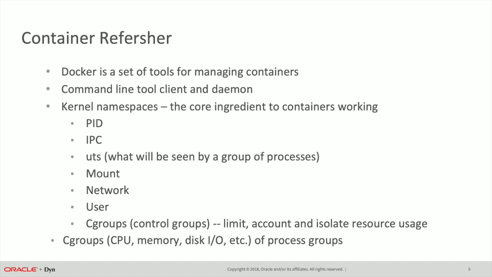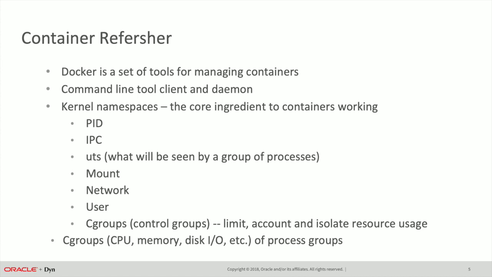They're made possible with kernel features such as kernel namespaces: PID, IPC, mount, network, and user. And cgroups, those are control groups, where you can limit, account for, and isolate resource usage. And these are features that have been in Linux for quite some time now. Google really is the pioneer in using containers on Linux.